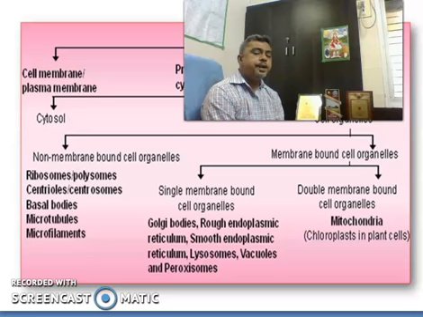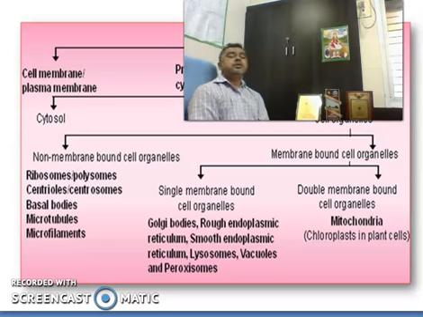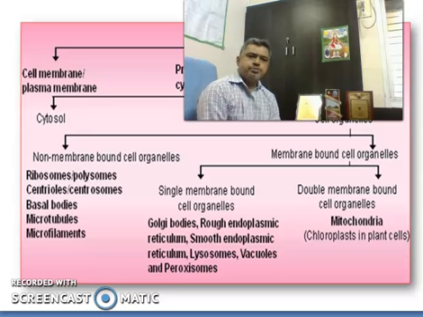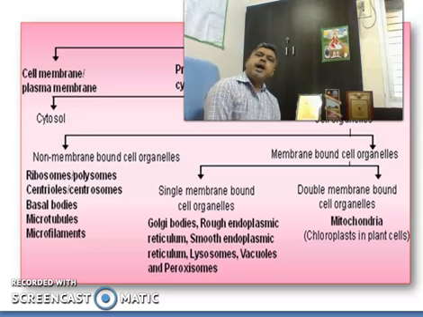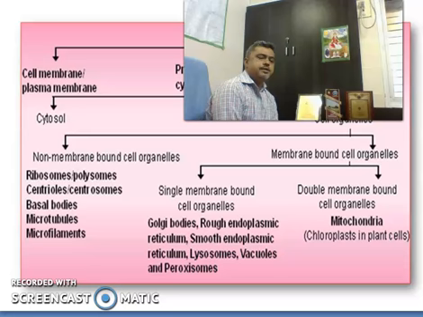Now, single membrane bound cell organelles, what are they, and give their examples. Then you have to write Golgi bodies, rough endoplasmic reticulum, smooth endoplasmic reticulum, lysosomes, vacuoles and peroxisomes. These are the single membrane bound cell organelles.